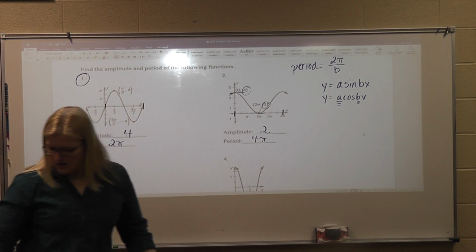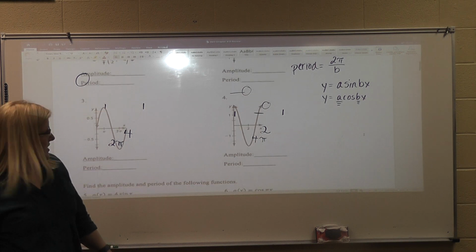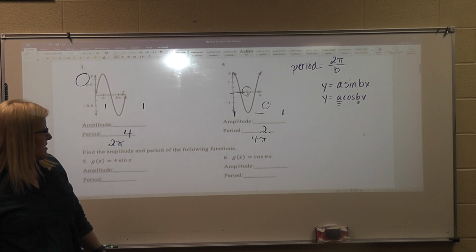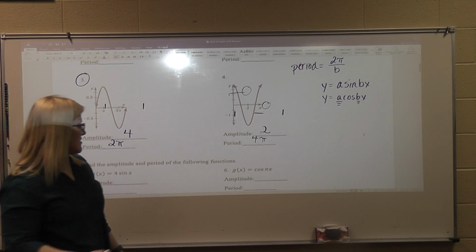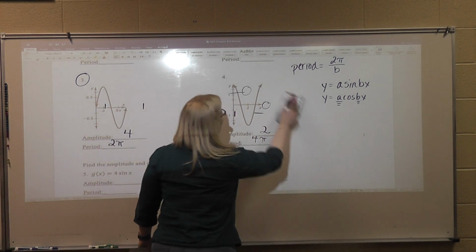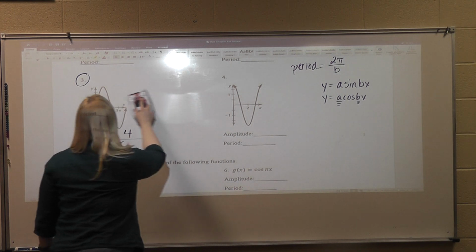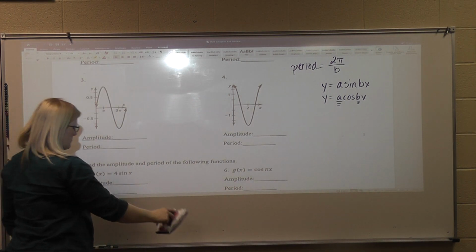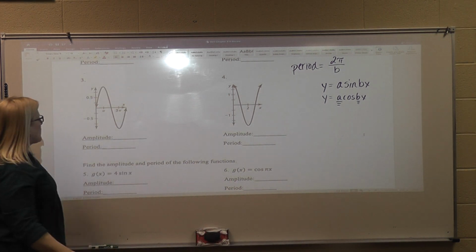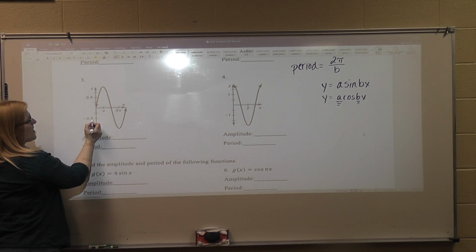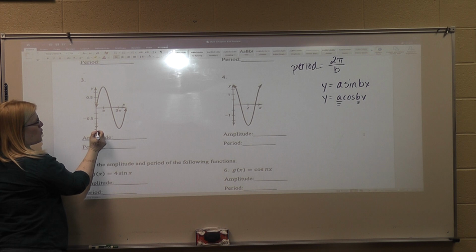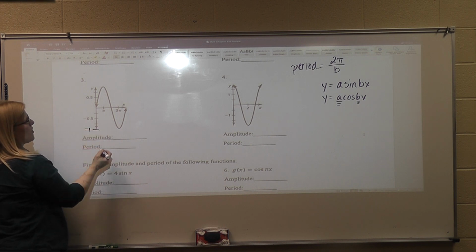Okay, so going on to the next one. Again, we have the amplitude. This one's kind of hard to tell, but here's -1/2, which means 1 is going to be about right here, -1.